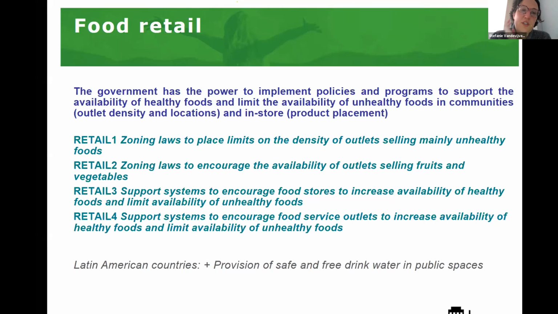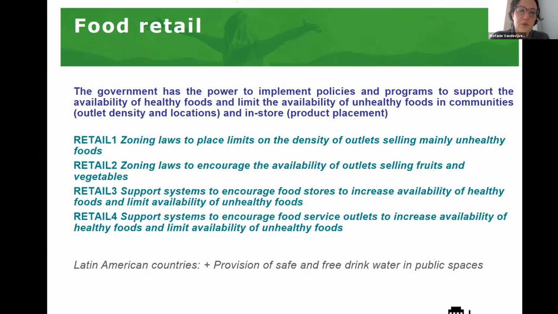So the first indicator is really looking at whether there are any zoning laws to place limits on the density or proximity of outlets selling mainly unhealthy foods, while the second one is specifically looking at zoning laws to encourage availability of outlets selling fruits and vegetables.